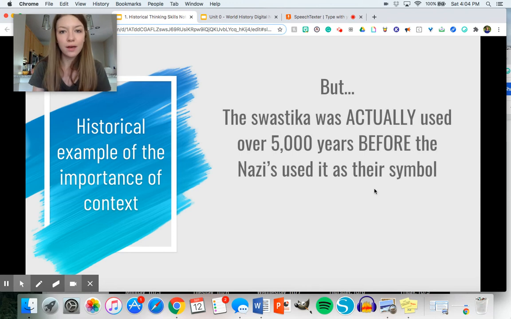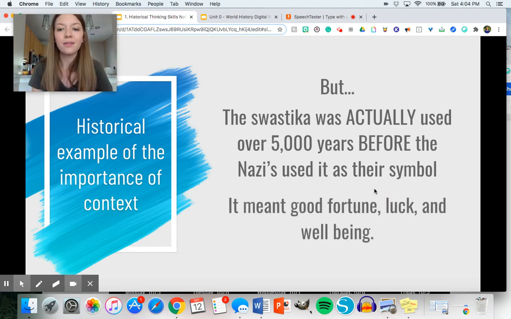The swastika, before the Nazis used it as their symbol, was used for over 5,000 years to mean good fortune and luck and well-being. It was actually a pretty religious symbol as well in the religions of Hinduism and Buddhism. So when you think about things produced prior to the 1930s, this was a positive symbol, right?